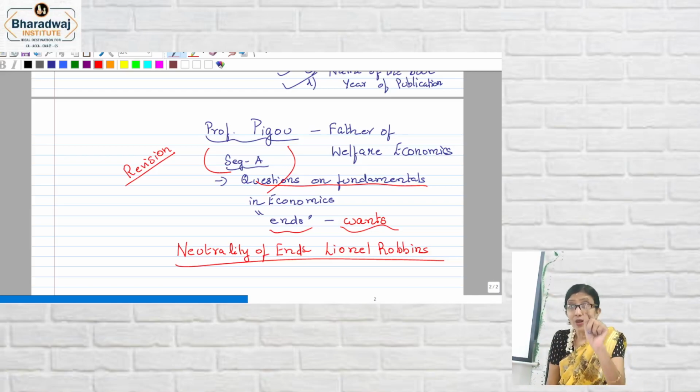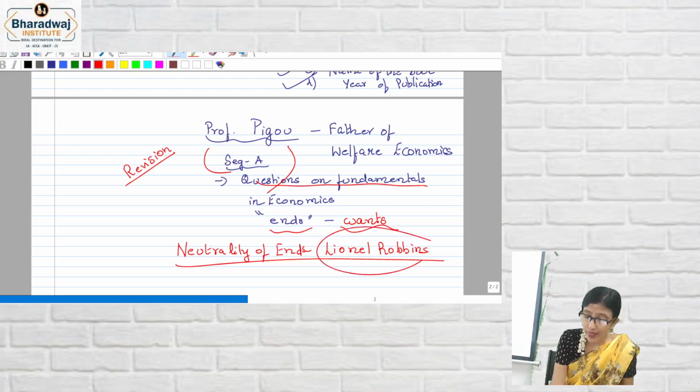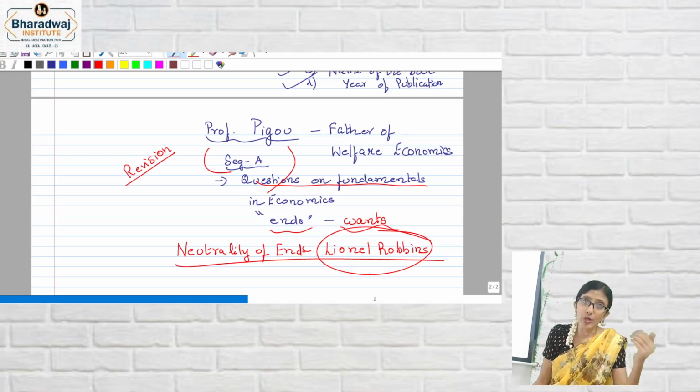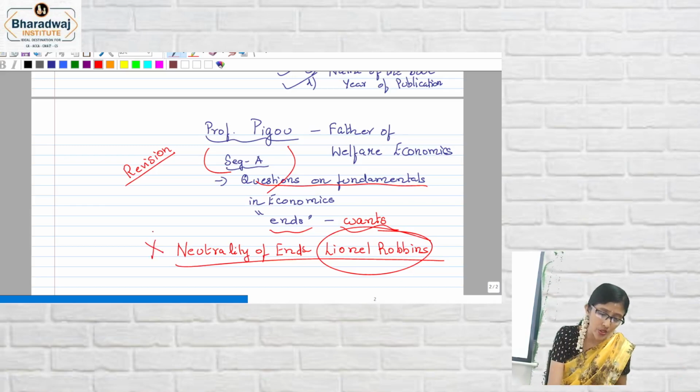That was Alfred Marshall's argument, which was corrected by Lionel Robbins, and he said that wherever there is production, consumption, exchange, distribution, that is economics. Let it be goods, let it be services, let it be good goods, let it be bad goods. Definite question, my dear students, and this is a complex one, to be very honest with you.